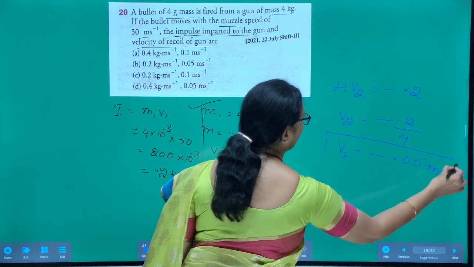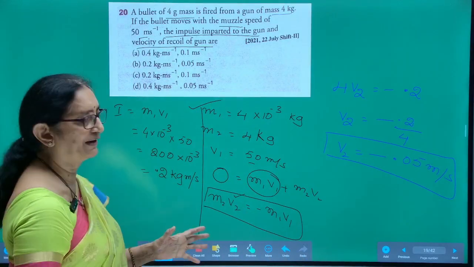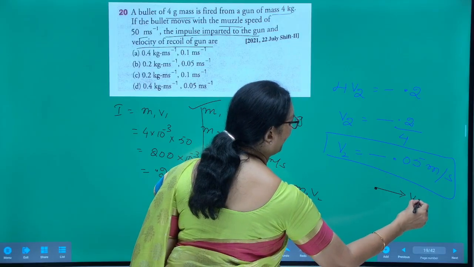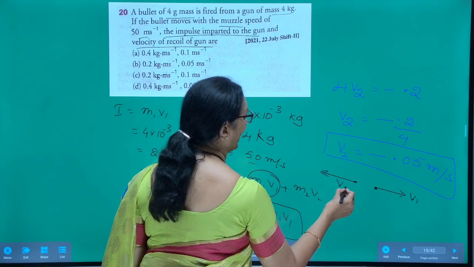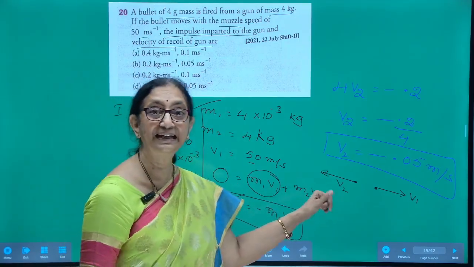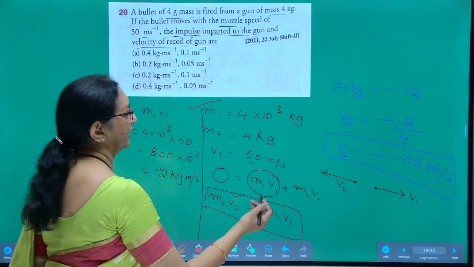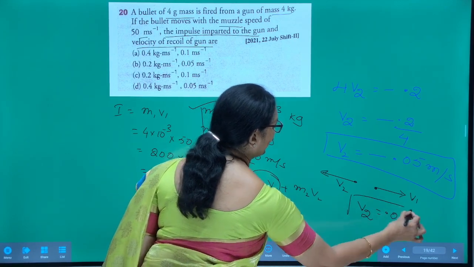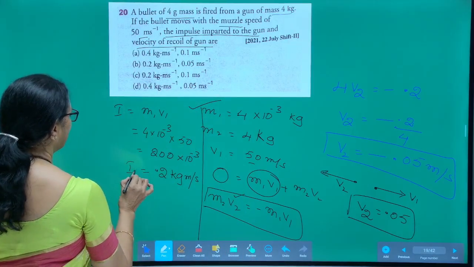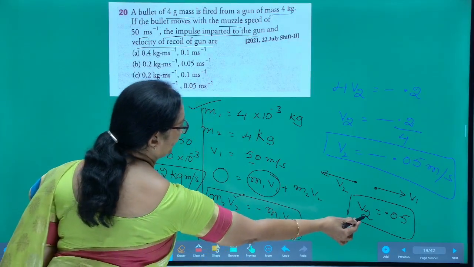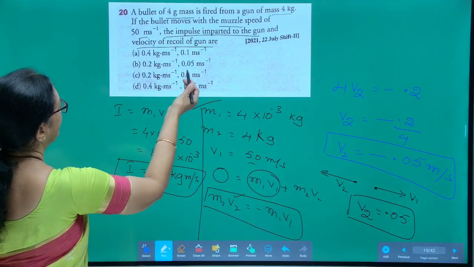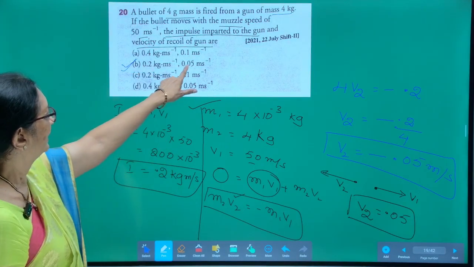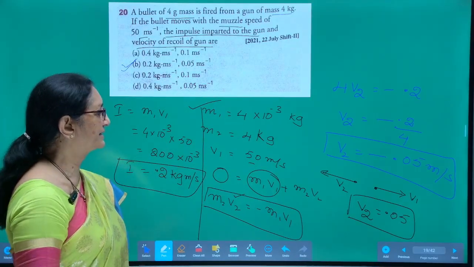Negative sign indicates as the bullet moves in the forward direction, the gun moves in the backward direction. It is asked to find the recoil velocity. So, what is the velocity in the backward direction? It is simply 0.05 meter per second. So, impulse is 0.2 and recoil velocity is 0.05. Search for the option. So, 0.2 kg meter per second is the impulse, recoil velocity of the gun is 0.05 meter per second.